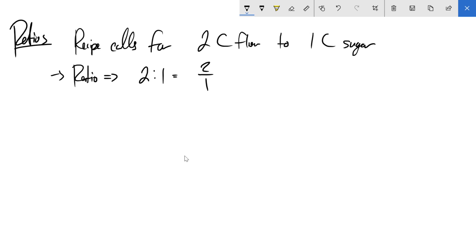This would extrapolate out. If I wanted to halve it, I could do 1 cup flour to what? What would I have to do? Half cup sugar, right? You can make it even smaller. You don't even have to use cups or anything.